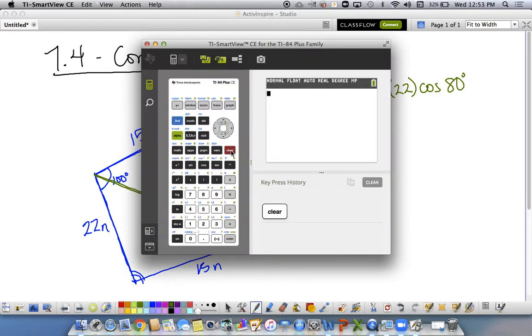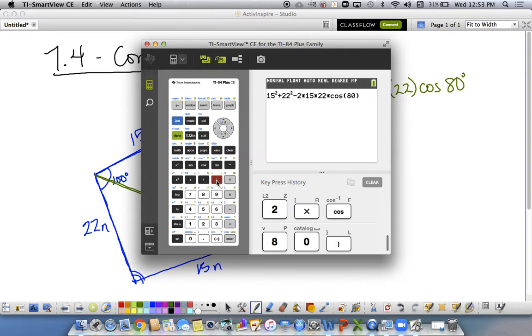It's probably from when we did this the other day. 15 squared plus 22 squared minus 2 times 15 times 22 times cosine of 80. That should be correct. We get this number 594 point, etc. We're taking the square root. Second answer, we get 24.38.